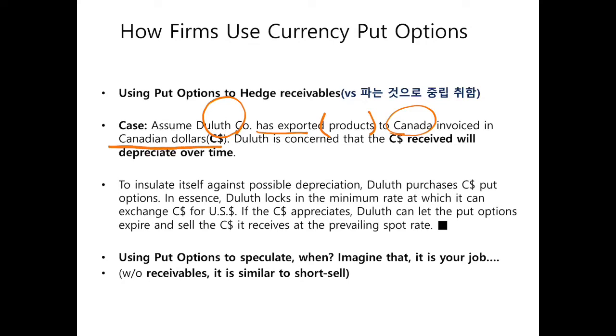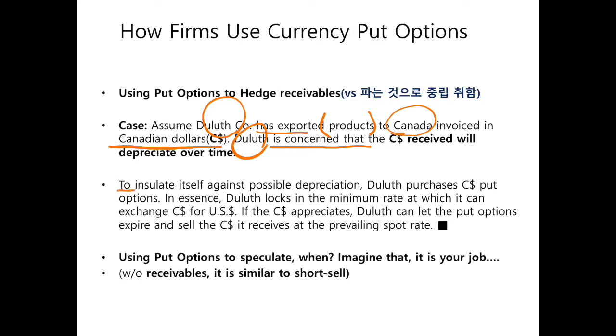Let's say my expected payment reception date is 3 months later, and I will receive that in Canadian dollars. So I, Duluth, am concerned that the asset, the Canadian dollar received in the future, may depreciate over time. That's my concern.